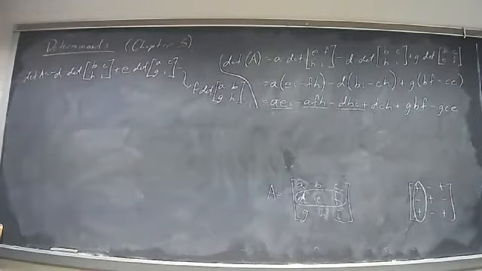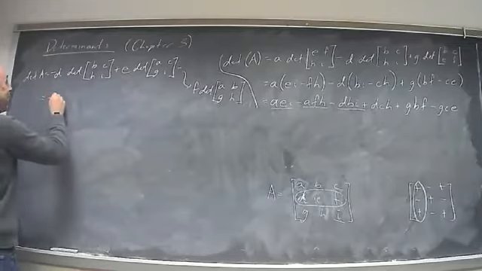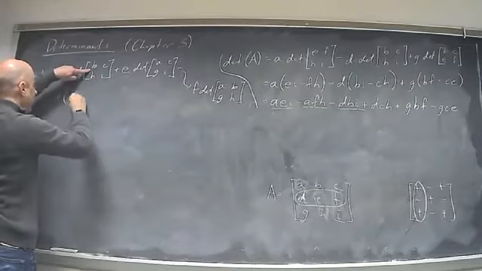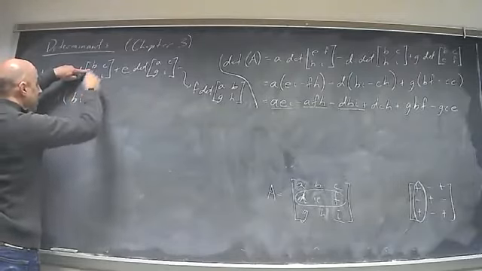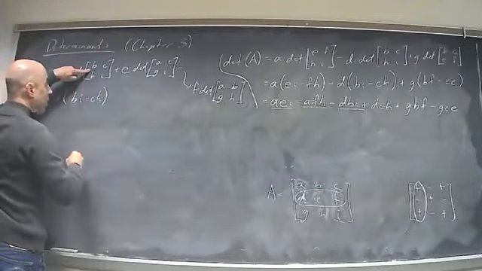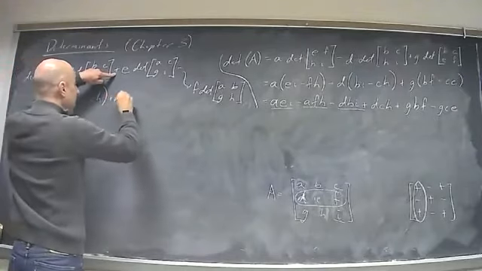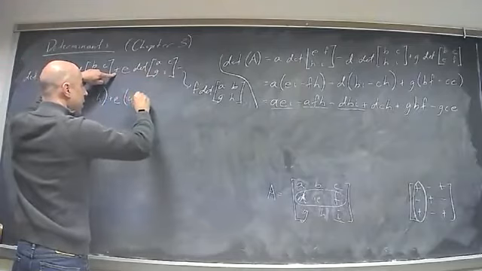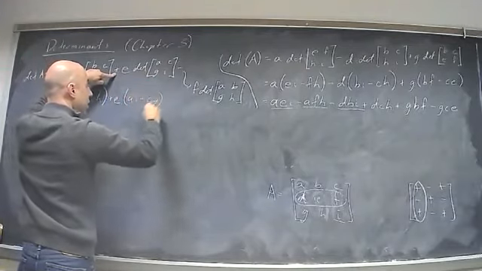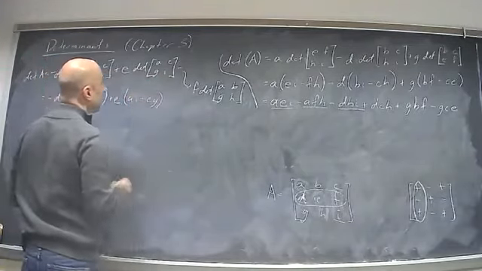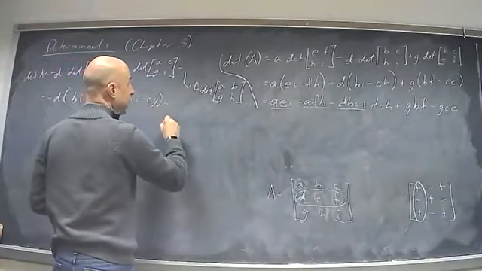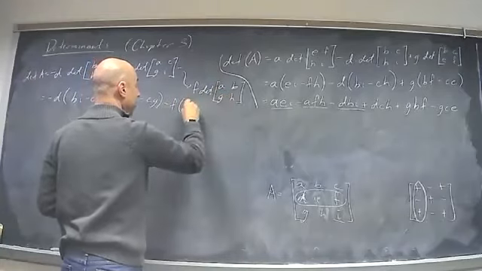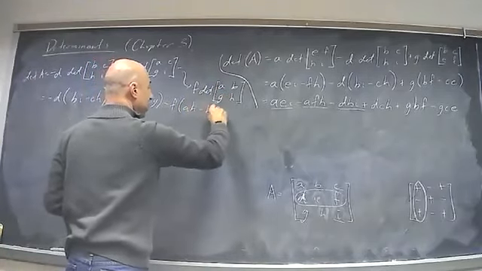And if I work this out, I get minus D times (BI minus CH), plus E times (AI minus CG), minus F times (AH minus BG).